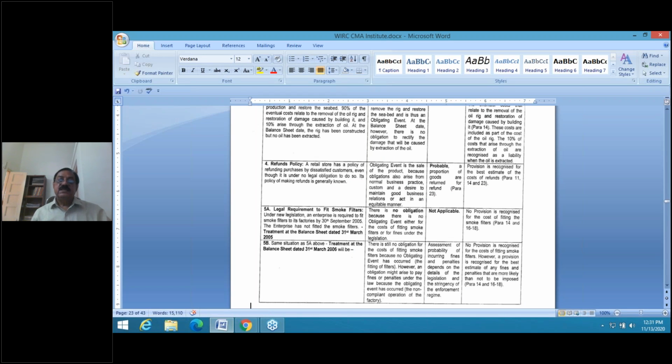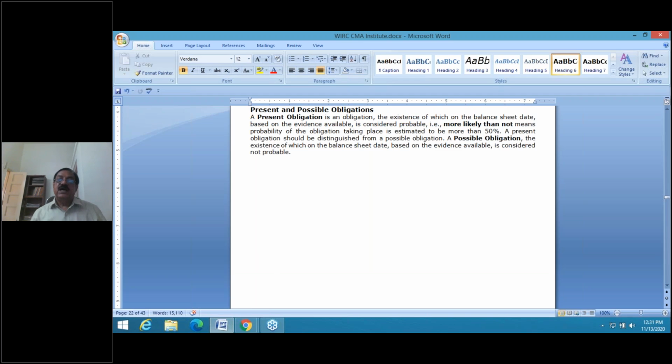On the balance sheet date, his financial position is very strong, so obviously the chance of his going into liquidation is very remote, but anyway 1% is also there. So in that case it is a possible obligation that I will have to pay the loan, less than 50%. So it is a contingent liability to be shown as information.